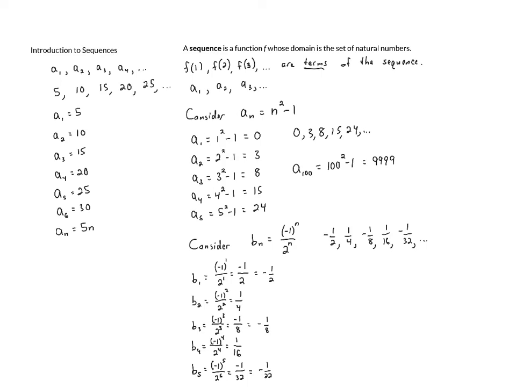And I want to point something out here. This (-1) to the nth power causes our terms to be alternating between negative and positive and negative and positive and negative.